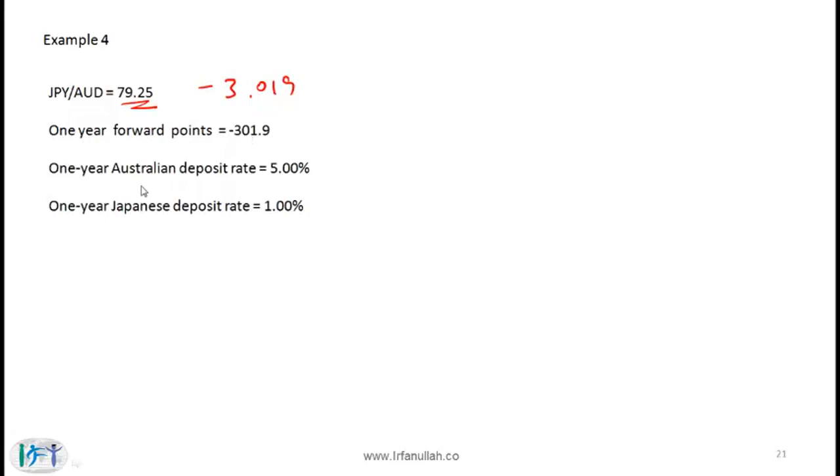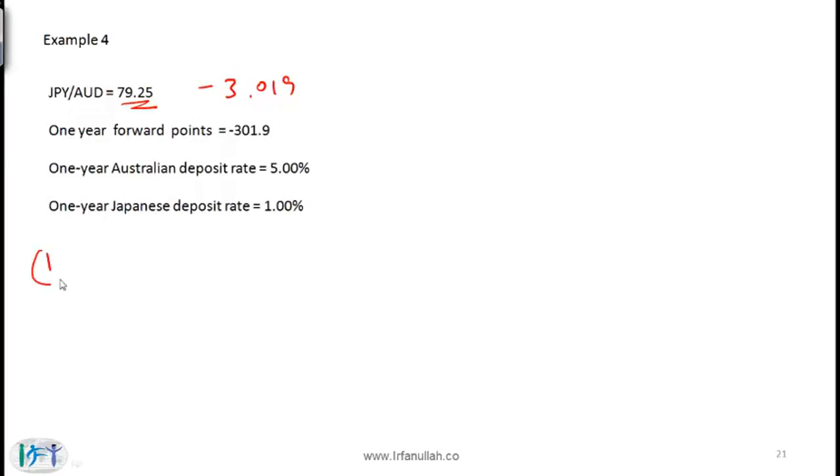We are also given the interest rate on a 1-year Australian deposit and on a 1-year Japanese deposit. And the first question now is, based on uncovered interest rate parity over the next year, the expected exchange rate change in Japanese yen to Australian dollar is closest to what?